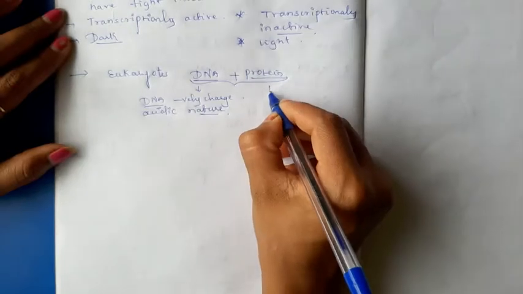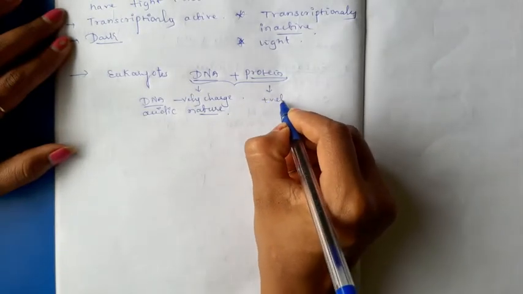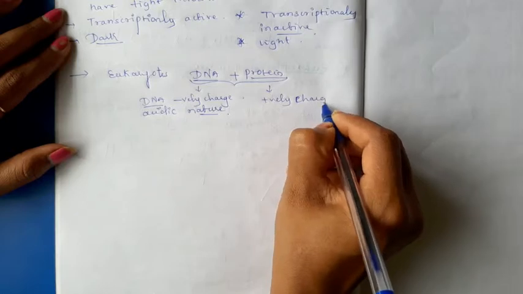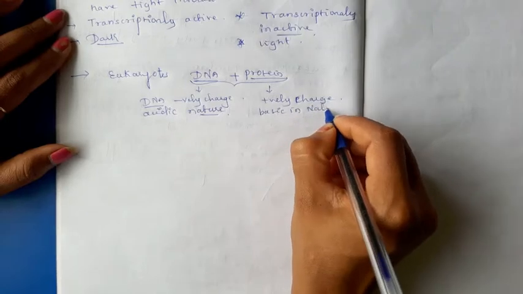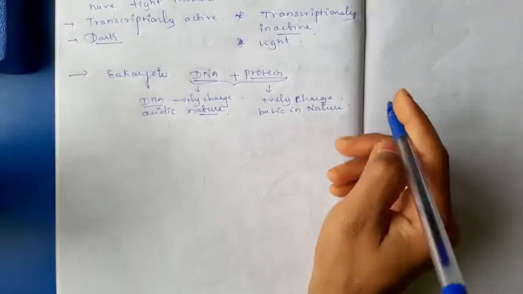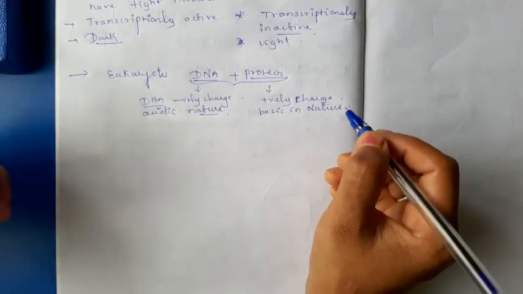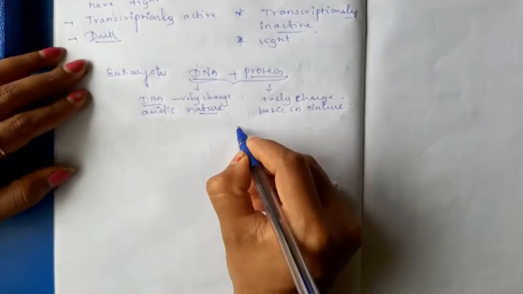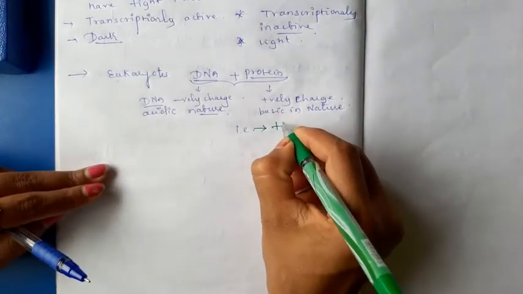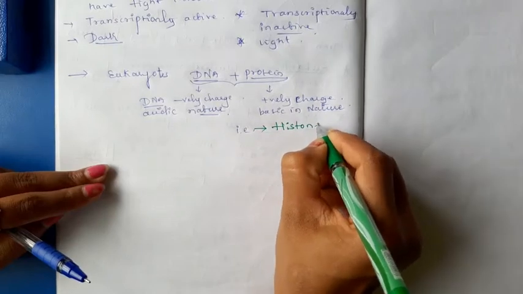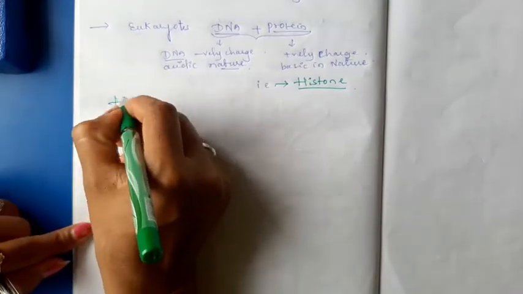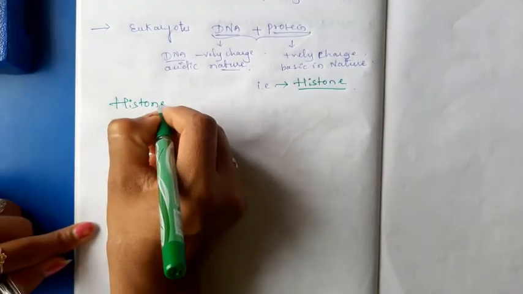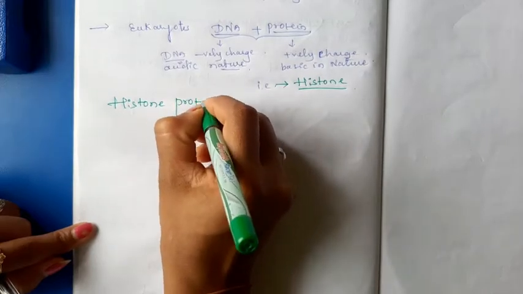Protein is positively charged and basic in nature. The protein which is present in the nucleus and binds the DNA is the histone protein. It is very important. Remember the name of the protein, histone protein. Let us discuss histone protein first.